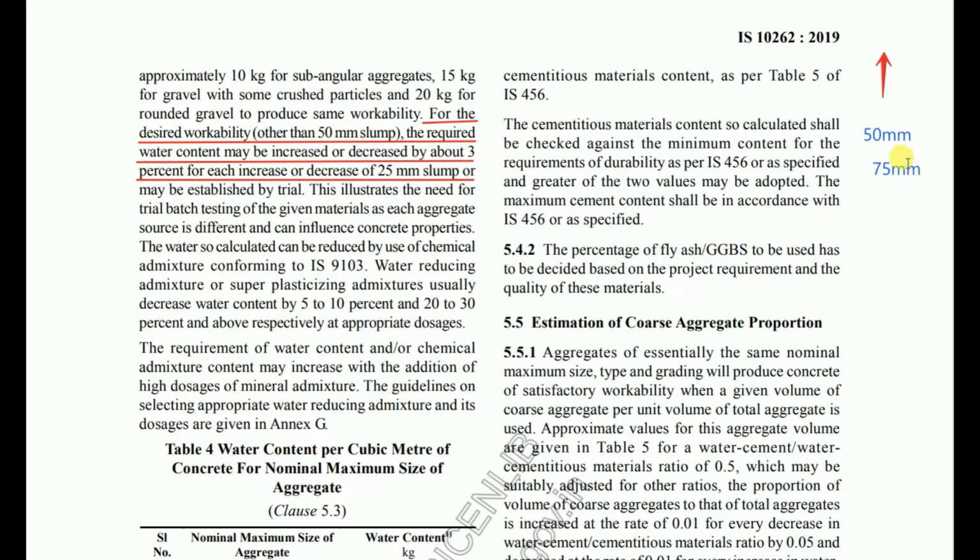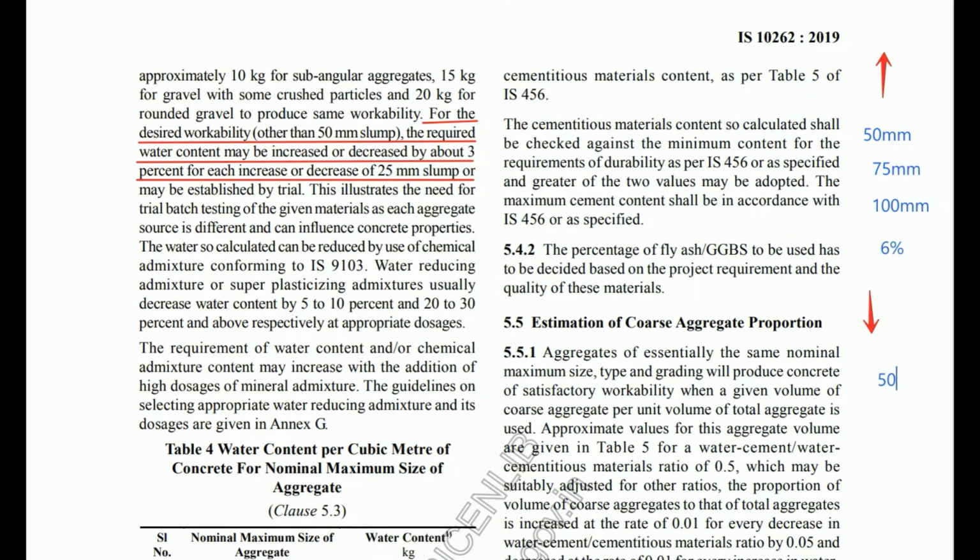So one time 25 mm slump has been increased, so we need to increase the water content by only 3%. If it is a 100 mm slump, then we need to increase the water content by 6%. Like this we need to keep on adding. If it is 125 mm, then we make it 9%. If it is 150 mm slump, then we make it 12%.